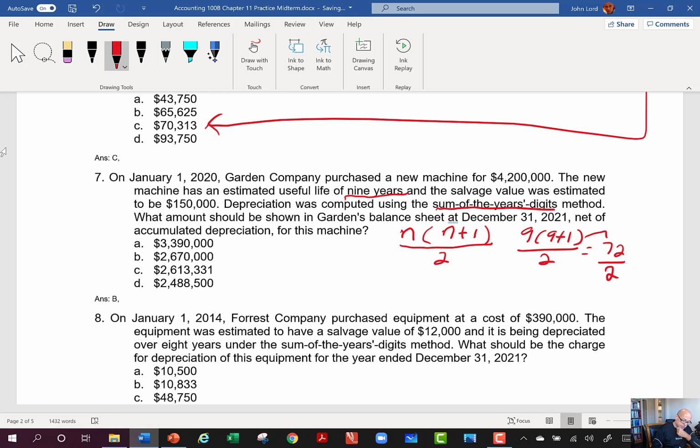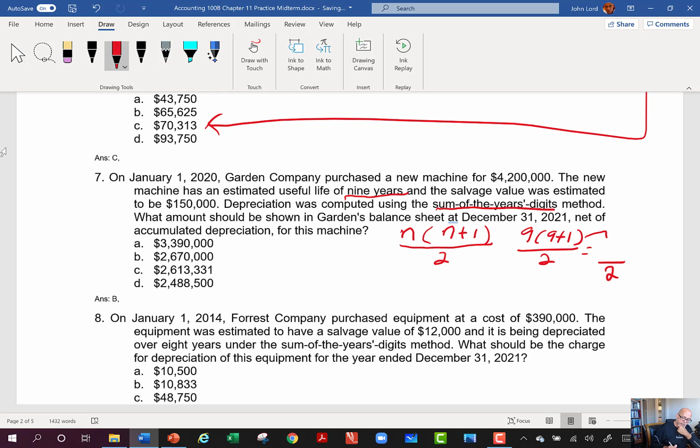So that means my sum of years digits is not 72, it's 36. Sorry, guys. I'm looking at the wrong notes, so sorry to confuse you.